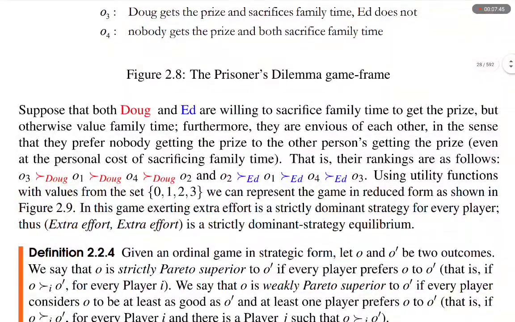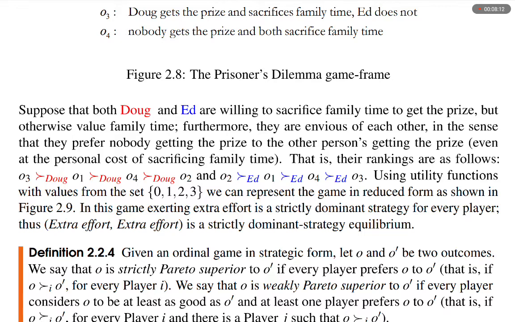Suppose that both Doug and Ed are willing to sacrifice family time to get the prize, but otherwise they prefer not to sacrifice family time. Furthermore, they are envious of each other in the sense that they prefer nobody getting the prize to the other person's getting the prize, even at the personal cost of sacrificing family time.